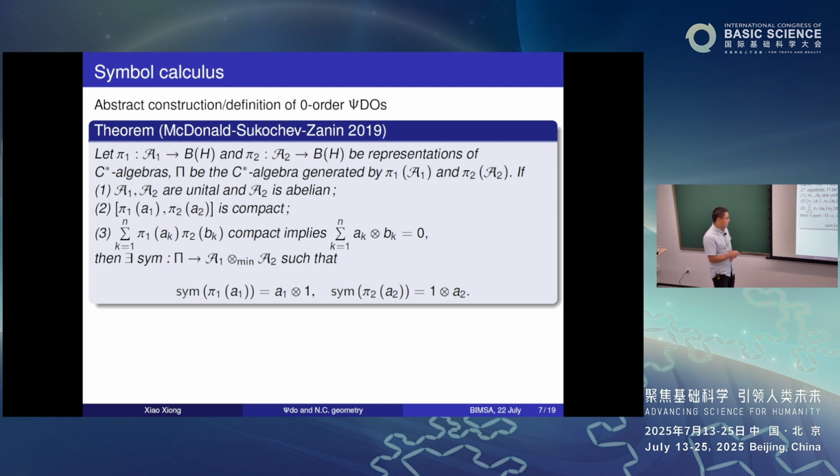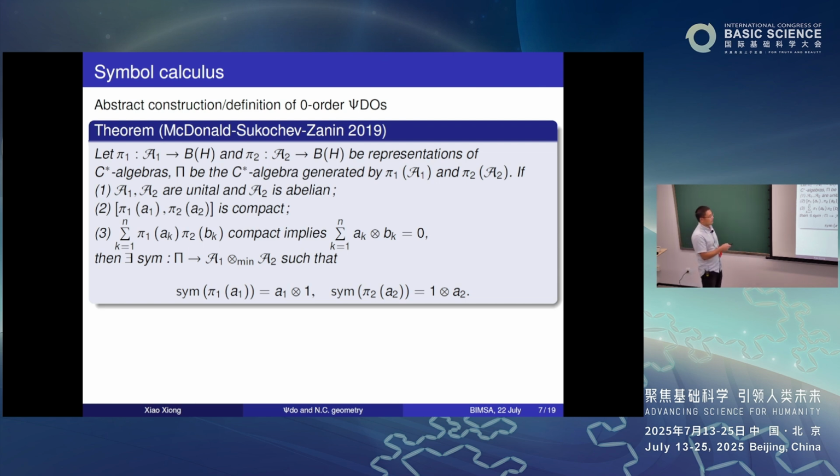We also require that if a linear combination of a and b is compact, then the algebraic tensor product is 0.